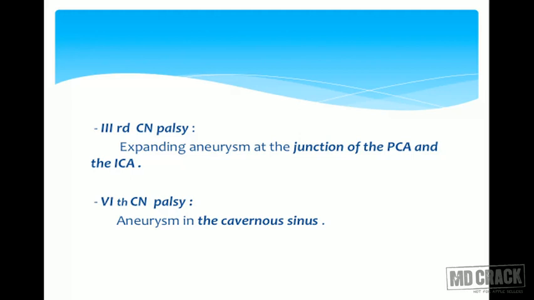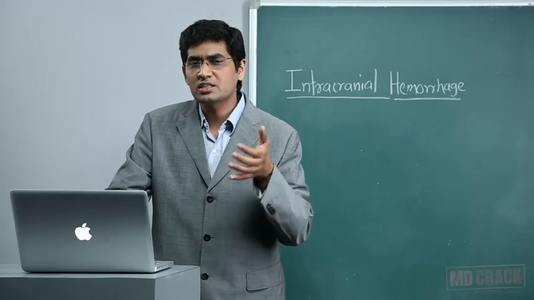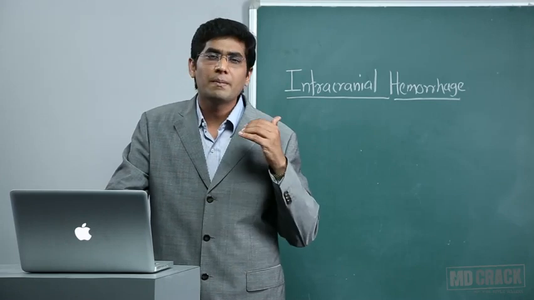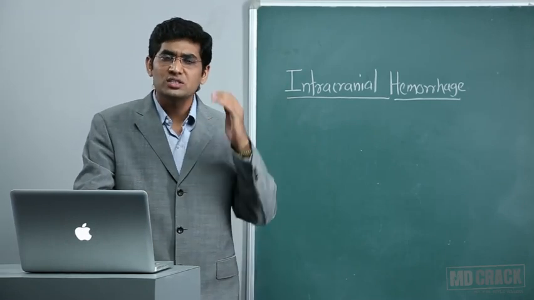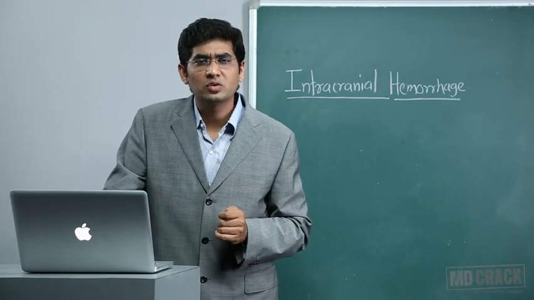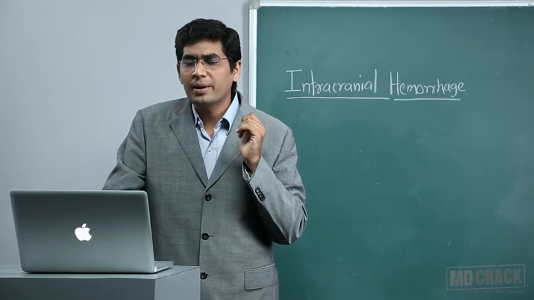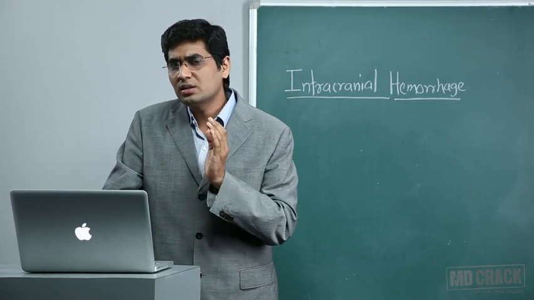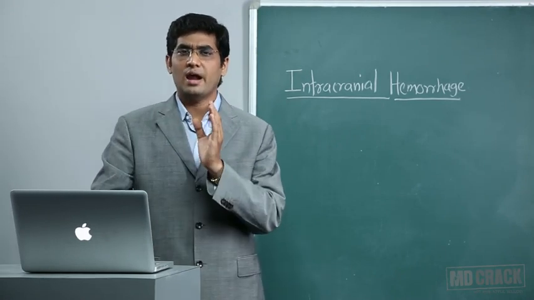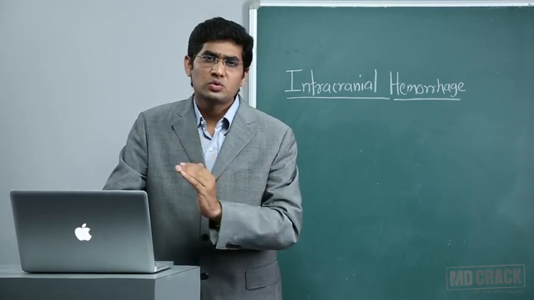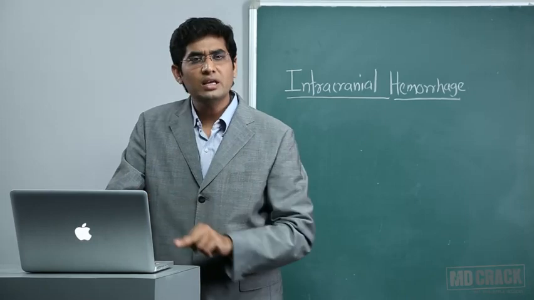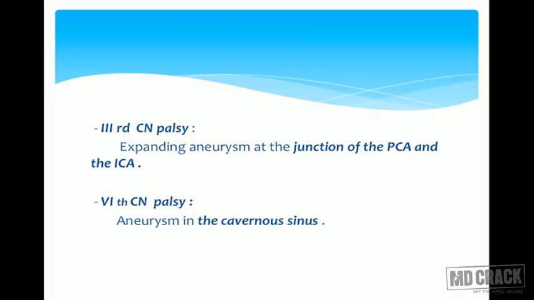Because of the vicinity of the third nerve, the patient may present with third nerve palsy. So before presenting as subarachnoid hemorrhage, this patient may come to you with third nerve palsy, maybe ptosis or pupils not reacting to light. So in patients who present with third nerve palsy, you need to think of aneurysm, and that patient may soon develop subarachnoid hemorrhage. This is a very important point. If you are asked an MCQ where the aneurysm is at the junction of PCA and ICA, the patient will present with, your answer should be third nerve palsy.